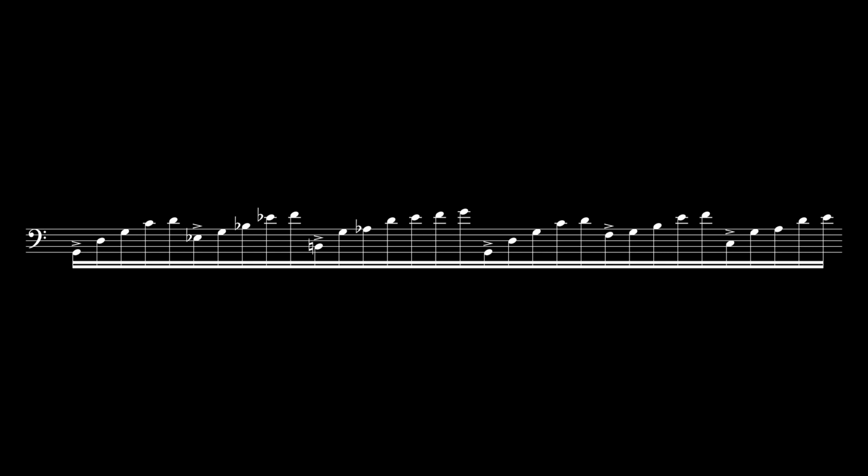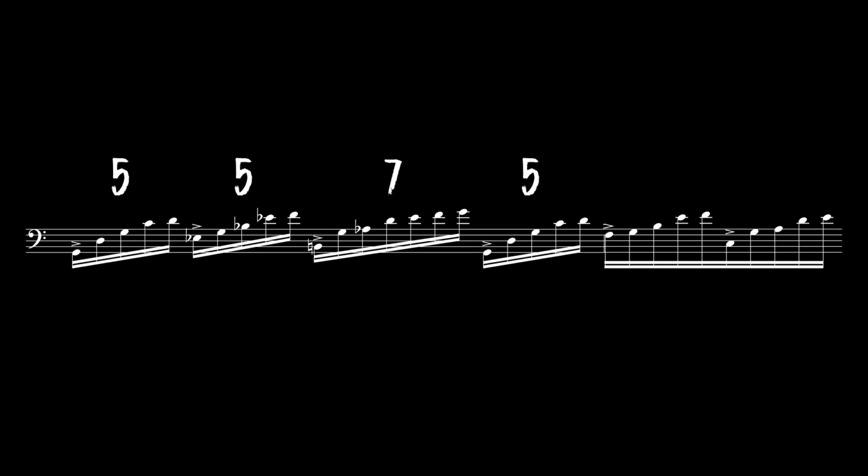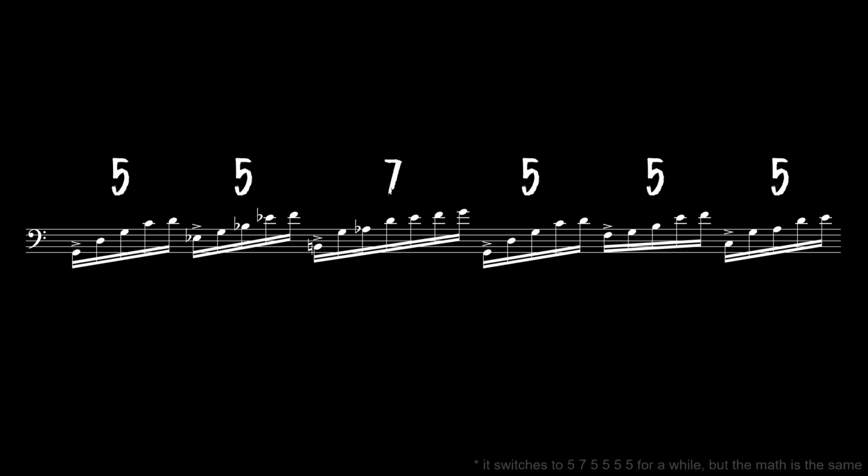That's these notes. If we look at the piano part, which is just straight 16th notes, the accents form this 5-5-7, 5-5-5 pattern. And this pattern is essentially the backbone that runs through the whole song.